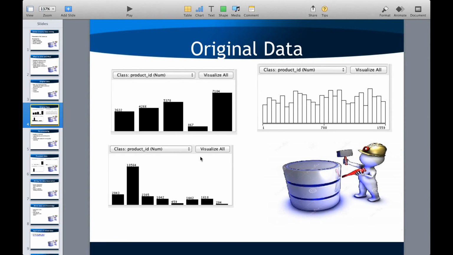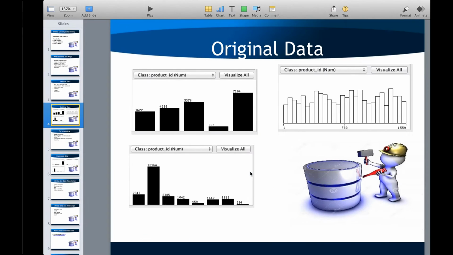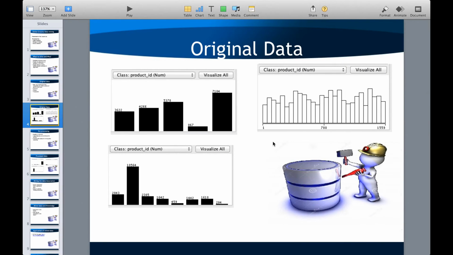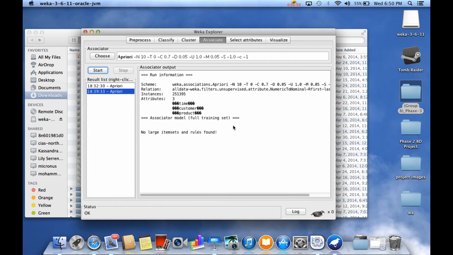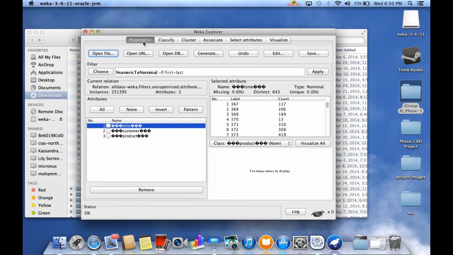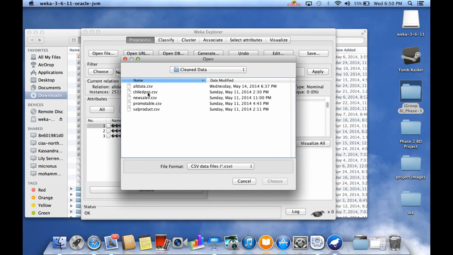Now we are showing the graphics of the raw data, without any mining. Here we haven't applied the nominal conversion yet. After these slides, you are going to see how this data is transformed. What we are going to do now is show how we are loading the dataset.